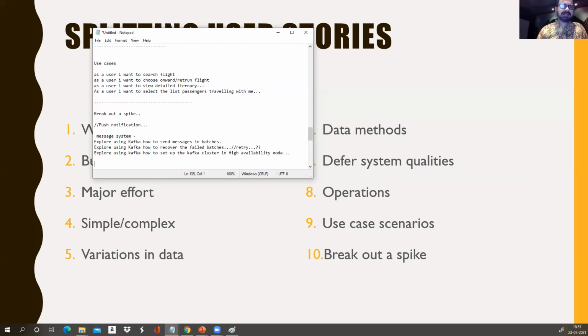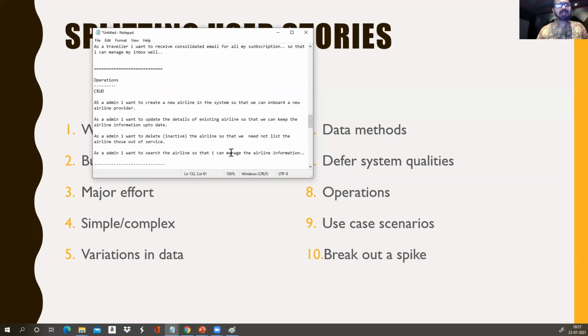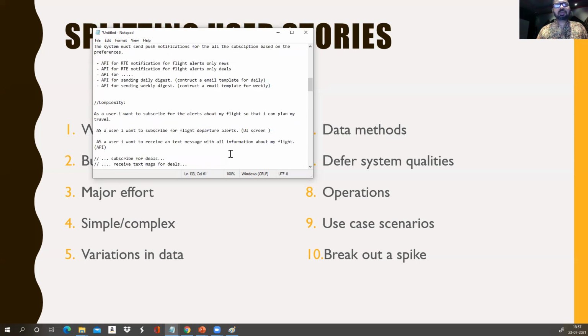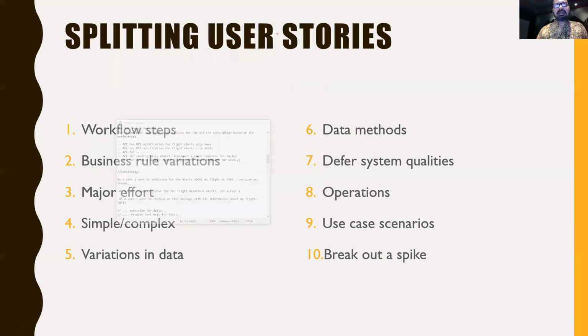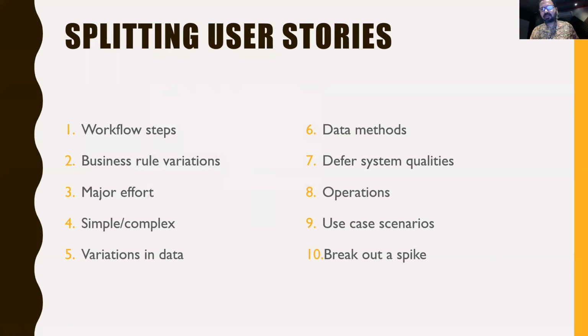Now, these are the technical stories, or the enabler stories, which will help to determine in which direction you want to go and what is the choice of architecture or choice of design you are going to make. So these are a couple of stories which we discussed, and this is how we can split the stories.